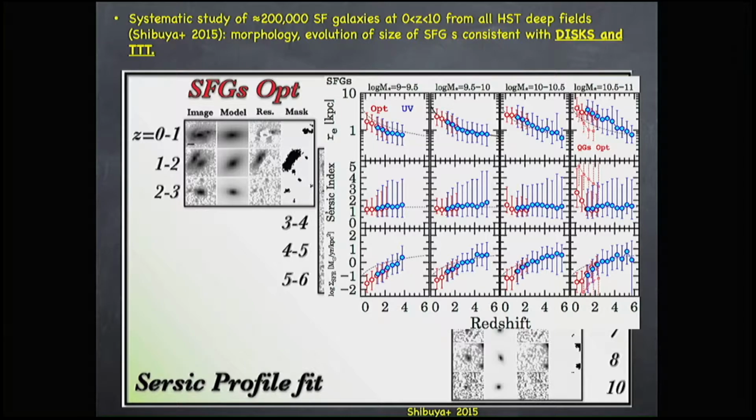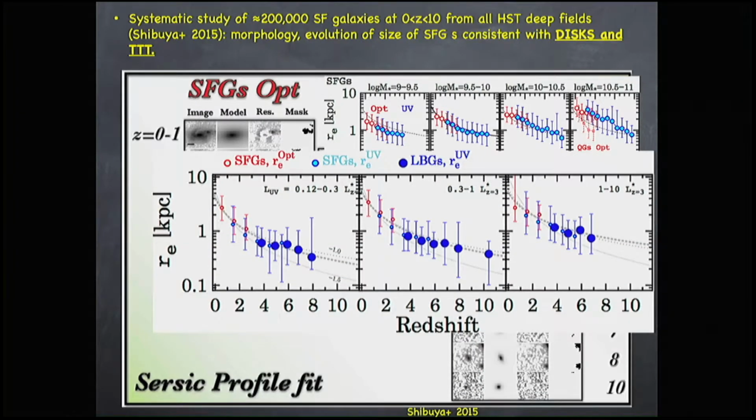The result I want you to take home is that the average Sérsic index tells us that these are disks. It averages at about 1 and a bit, typical of the exponential profile disk. And I will add this because I think it's relevant.